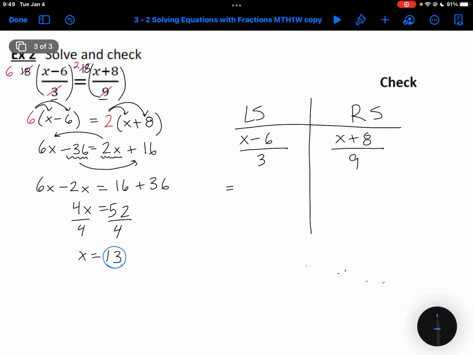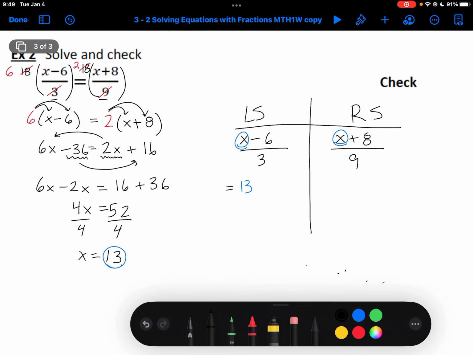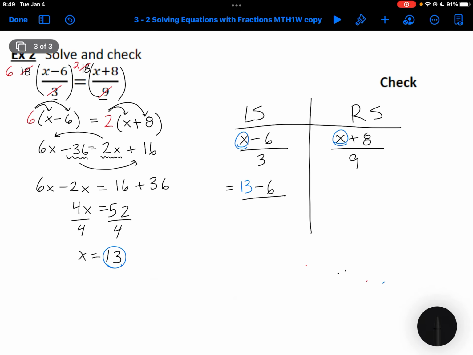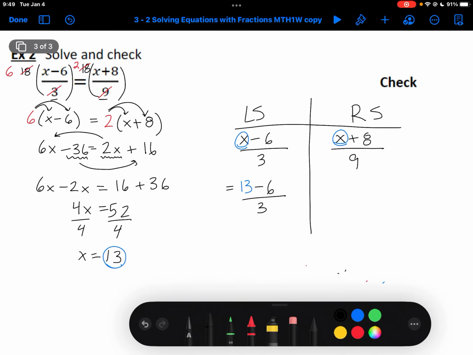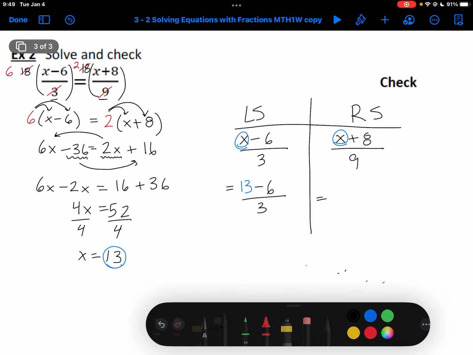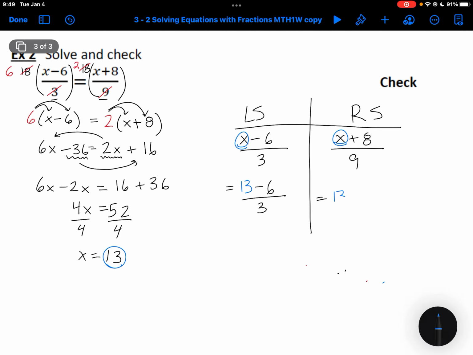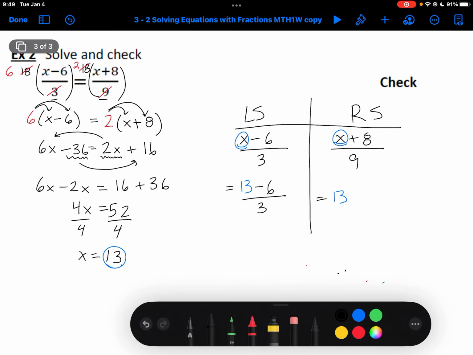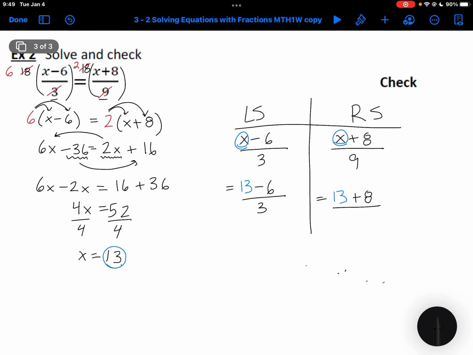So I'm going to take my answer that I got, and I'm going to put it into wherever I see an x. So I've got 13 minus 6 over 3. And then on the right-hand side, I've got 13 plus 8 over 9.